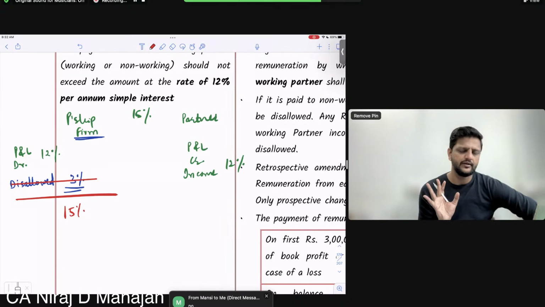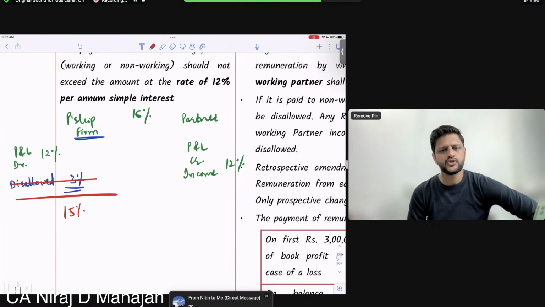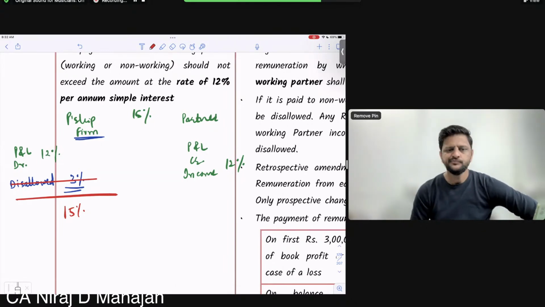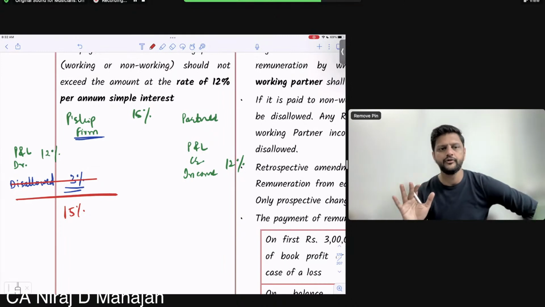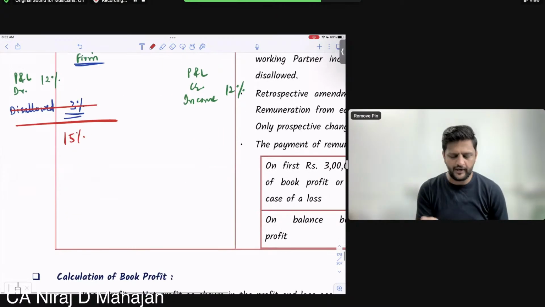No. Understood, everybody? So this component of 3% is getting taxed in the hands of the firm. So we will not add it in the income of the partner. We can't double tax it. Clear all of you? Same logic I had already told you about net profit.